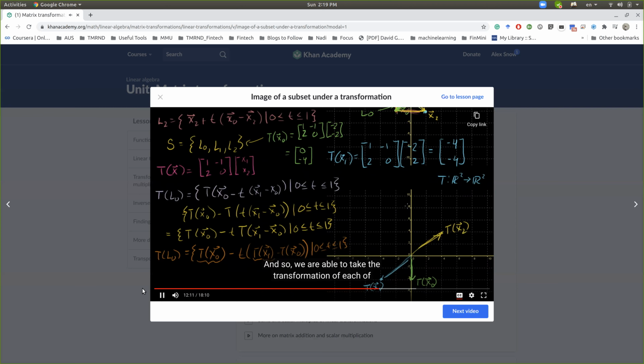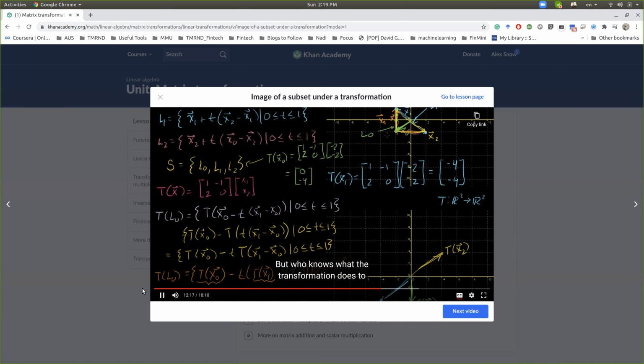And so we are able to take the transformation of each of these points of this triangle, but who knows what the transformation does to everything in between, to the actual sides of the triangle.